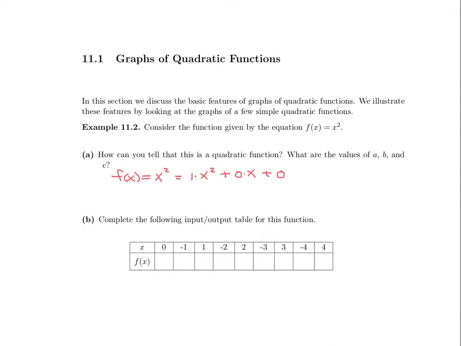If I write it in this form, I can compare it to the basic form of a quadratic function, which is a x squared plus b x plus c. And so we can see from this comparison that indeed the function f is a quadratic function. A is the number 1, b is the number 0, and so is c.